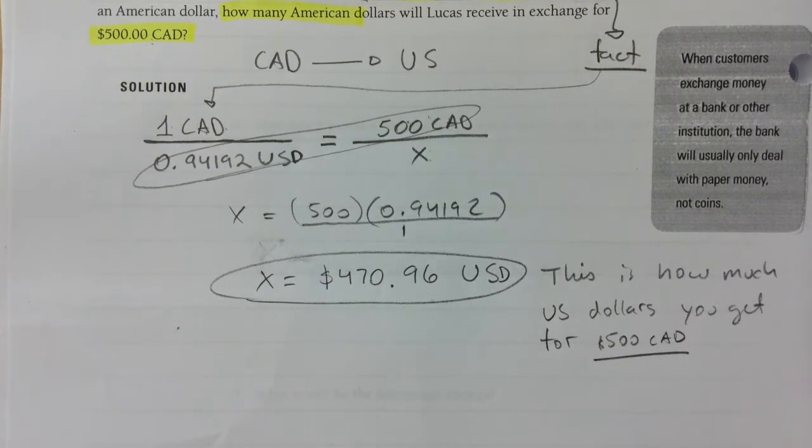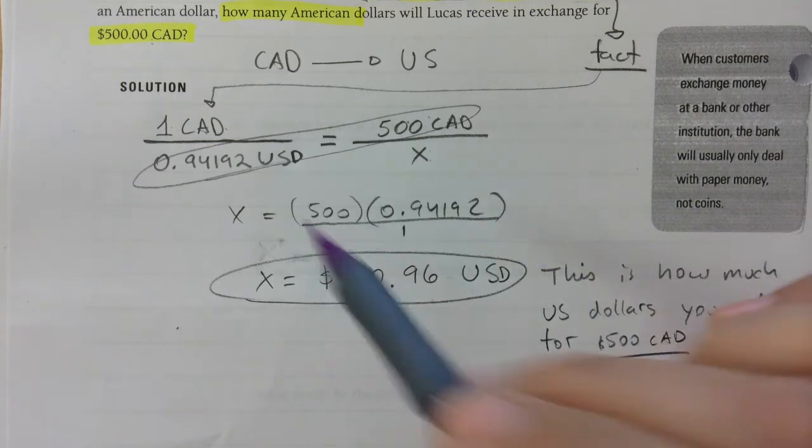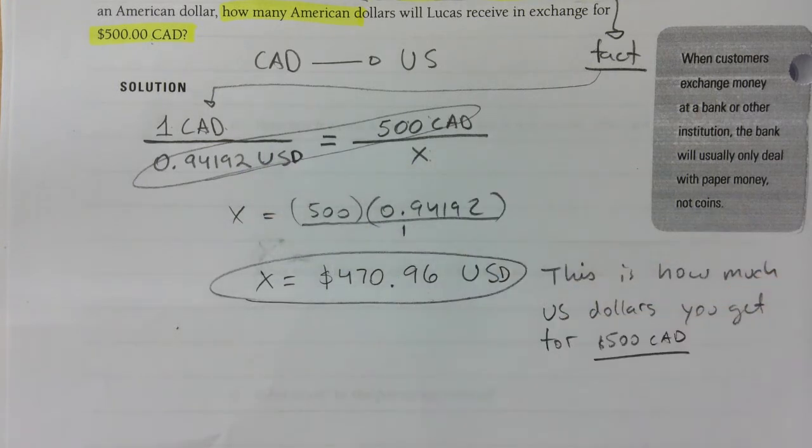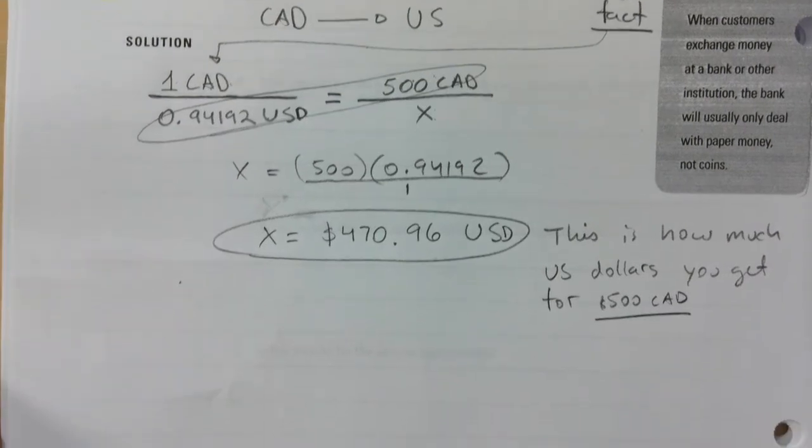I'm not going to be too picky with that, as long as you differentiate between the two currencies somehow. If you wanted to write down US dollars next to it, that's fine with me. But you have a point. Yes, I think it's USD. US dollars, yeah. I'll give you a little note down here.